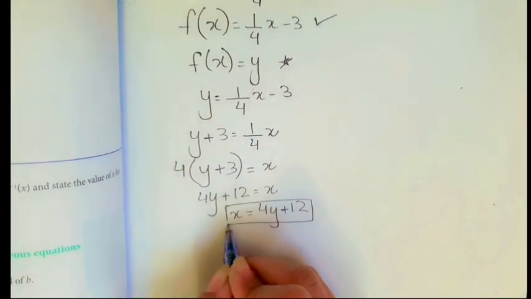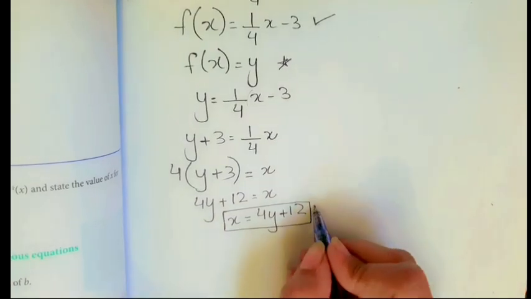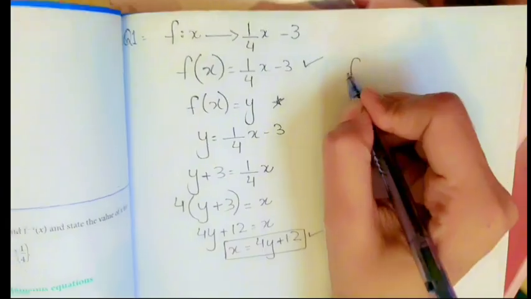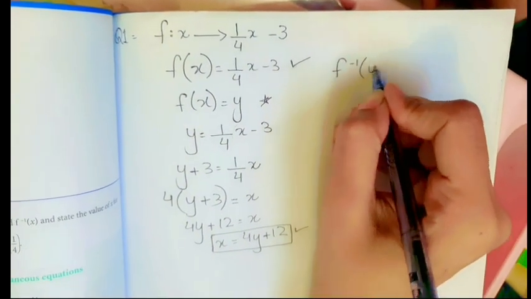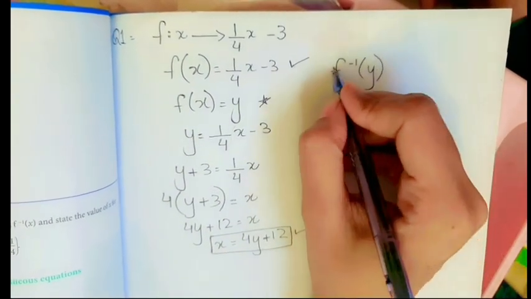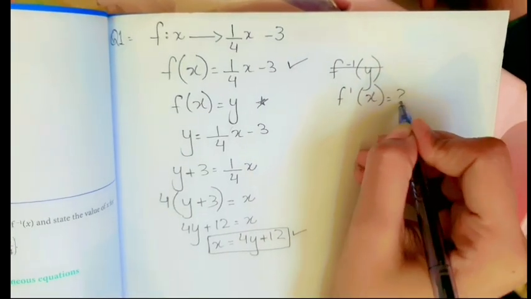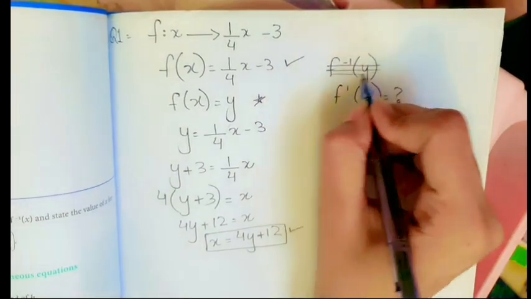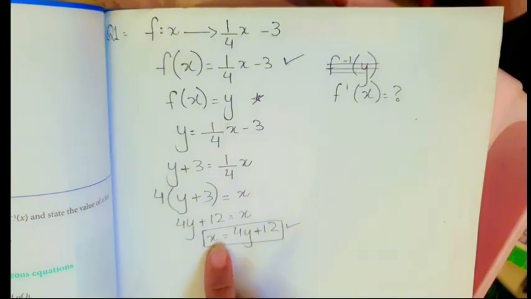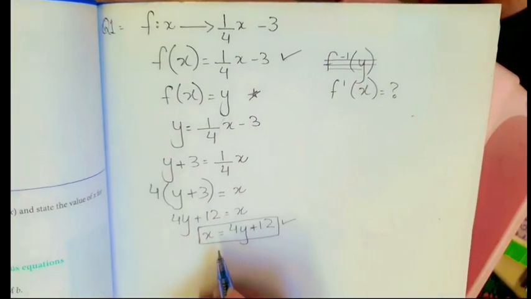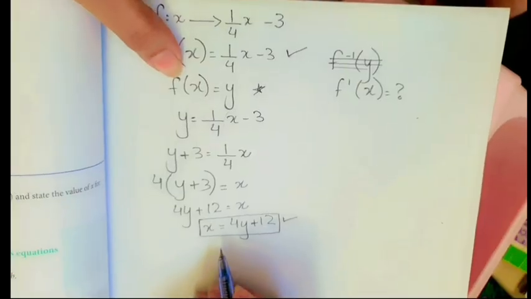We have taken out the value of x, but we have to find f inverse of x. Right now we know what x is, but what we have to find out is f inverse of x. So now we are going to use this information.